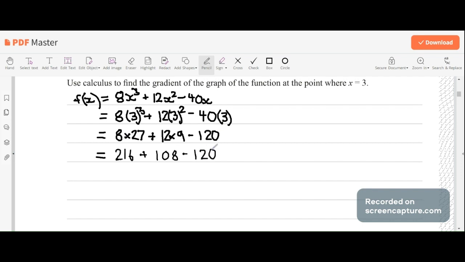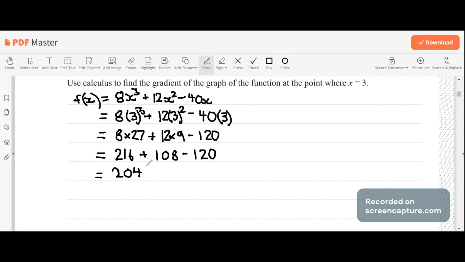Okay, then what do we have now? So these two, we're going to get 324, I believe. And minus 120 is going to be 204, I believe. I might just check on my calculator real quick, because I always make mistakes when doing this.